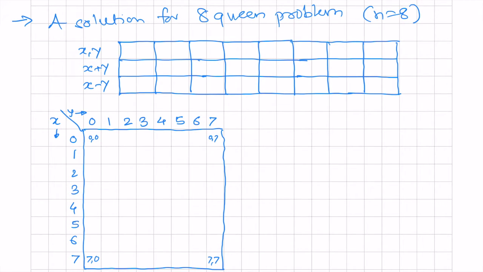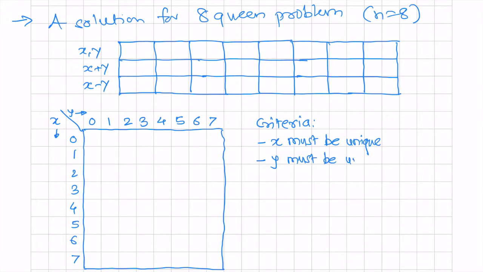We have to fill this table with certain criteria. The first one is that x values must be unique. The second one is that y values must be unique. The third is that x plus y, the sum of the coordinates, must be unique.